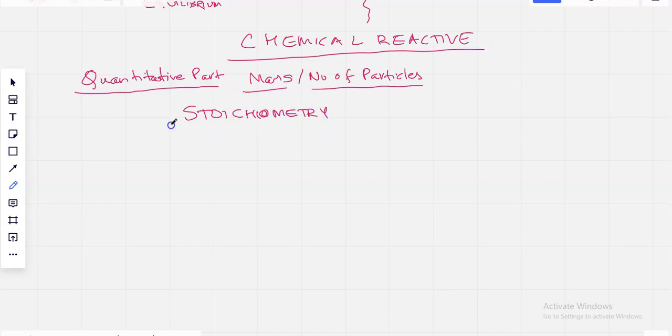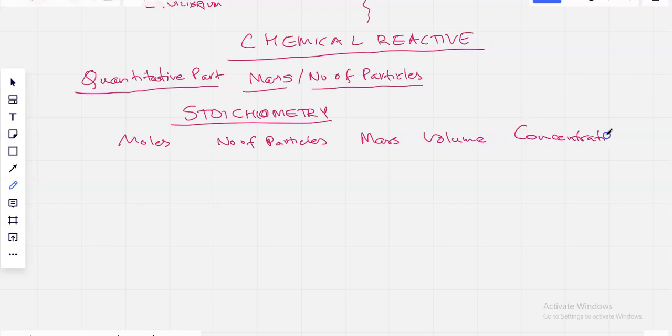The idea of moles, number of particles, right? You can say mass. If it's a gas, you can talk about volume. You can also talk about concentration for solution, right? Dilution, titration, and all that stuff, that comes under stoichiometry.